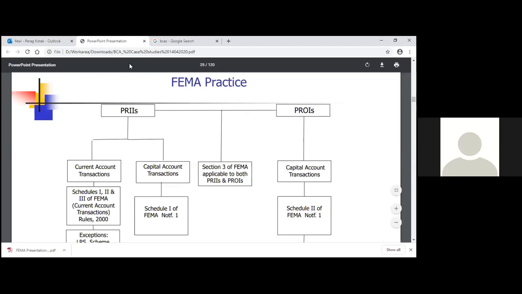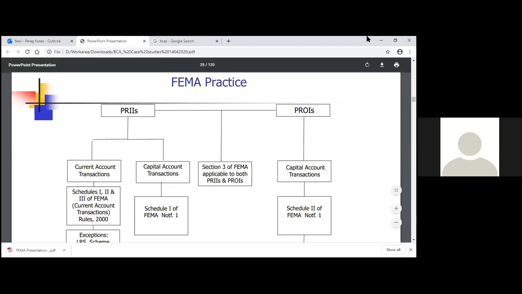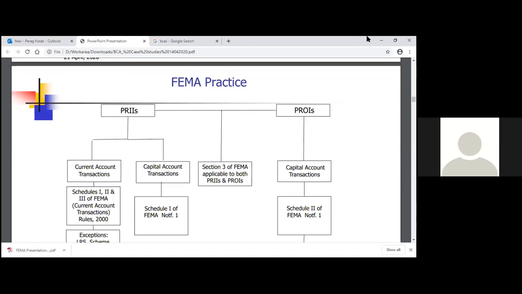Now, sir, as you all know, there are four important definitions under FEMA, which are important for the purpose of understanding the transactions under FEMA. The first two definitions are the capital account transaction and the current account transaction.